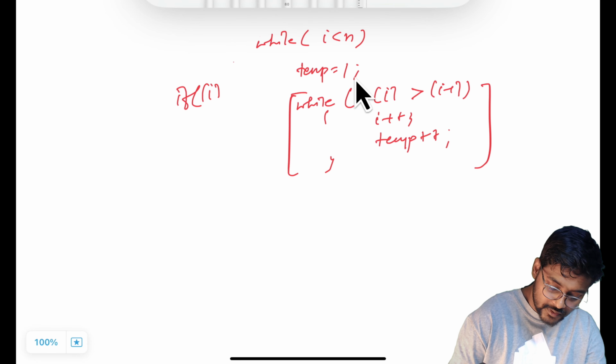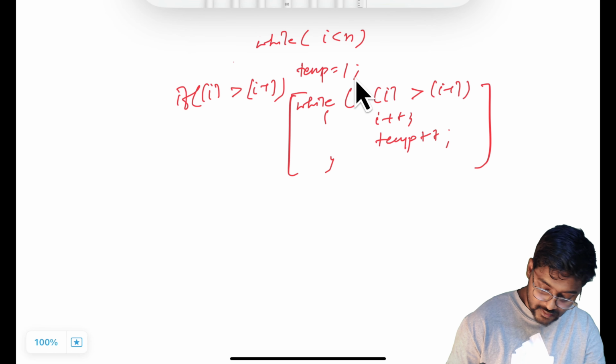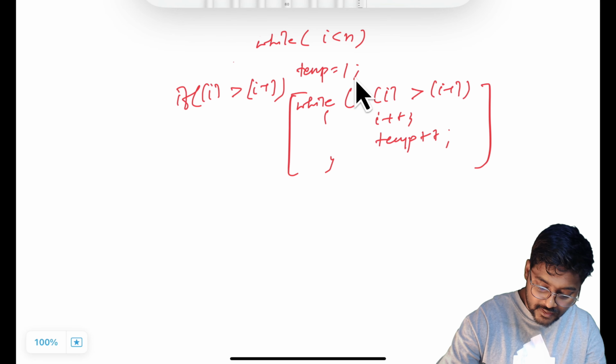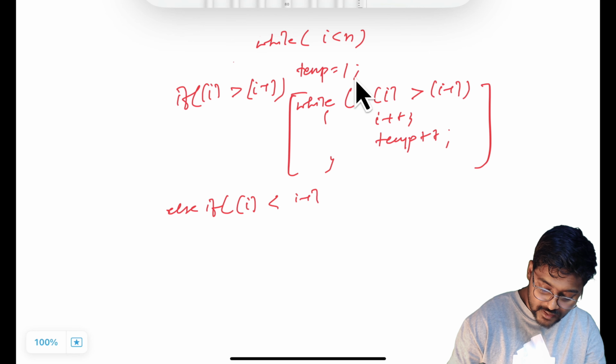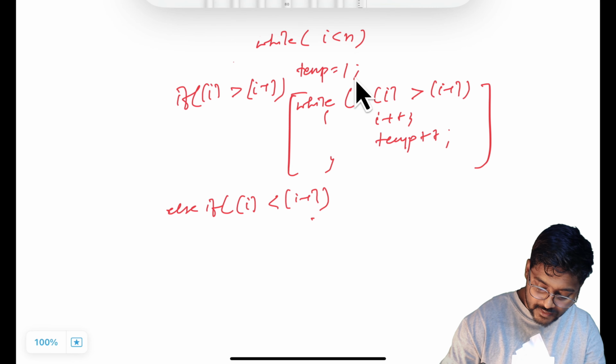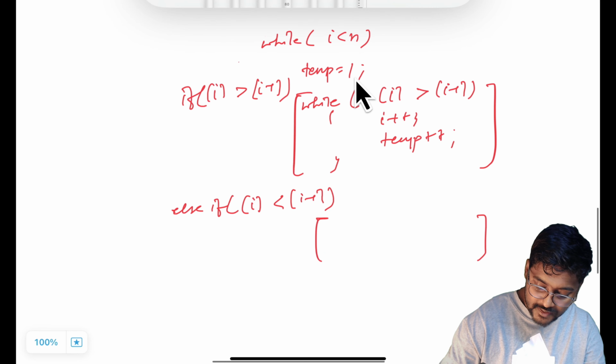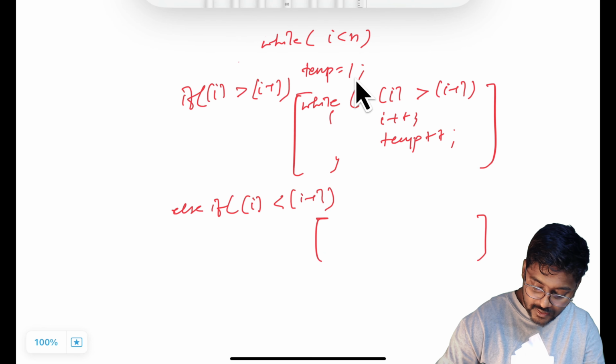If I is greater than I minus 1, it means that the current element is going to contribute to the increasing array. And what is the second case? Second case is else if I is less than I minus 1. In this case, it means the current element is smaller than the previous element. While we are encountering the smaller element, I++ and temp++.